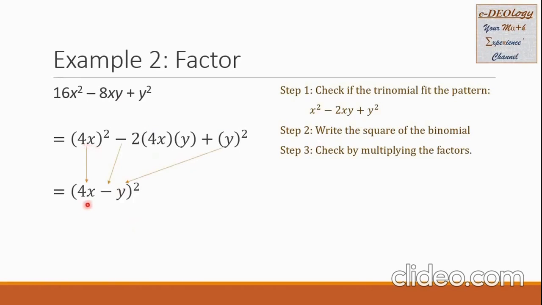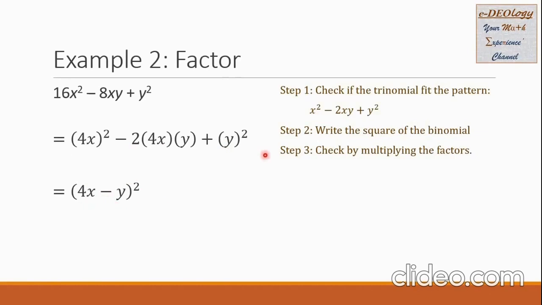I will put it here as the first term of the binomial, and then minus. The sign comes from the sign of the middle term, and the second term here is the y, which is the base of the third term. Of course, I will not forget the square outside. So this is my answer, the square of 4x minus y.